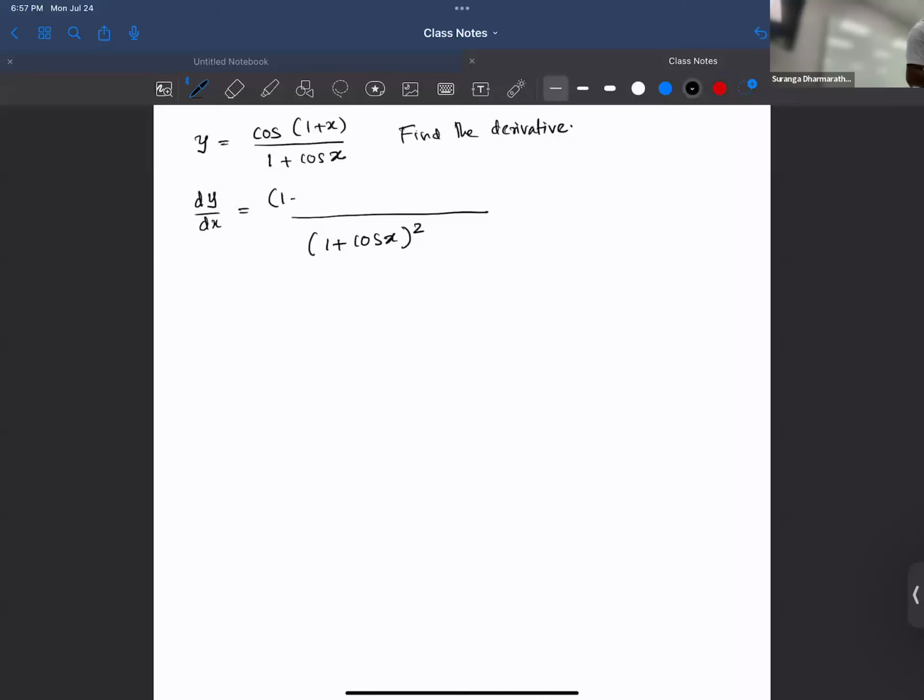And we have the denominator 1 plus cosine x and the derivative of the numerator cosine 1 plus x, right? Minus, this is a minus sign. And then you write the numerator first, cosine 1 plus x, and the derivative of the denominator. Right. Then what did you do?